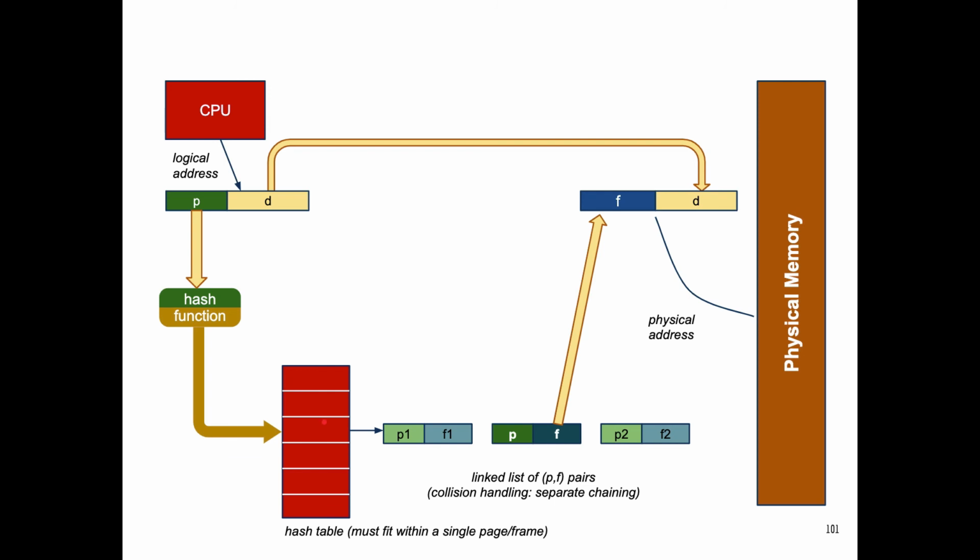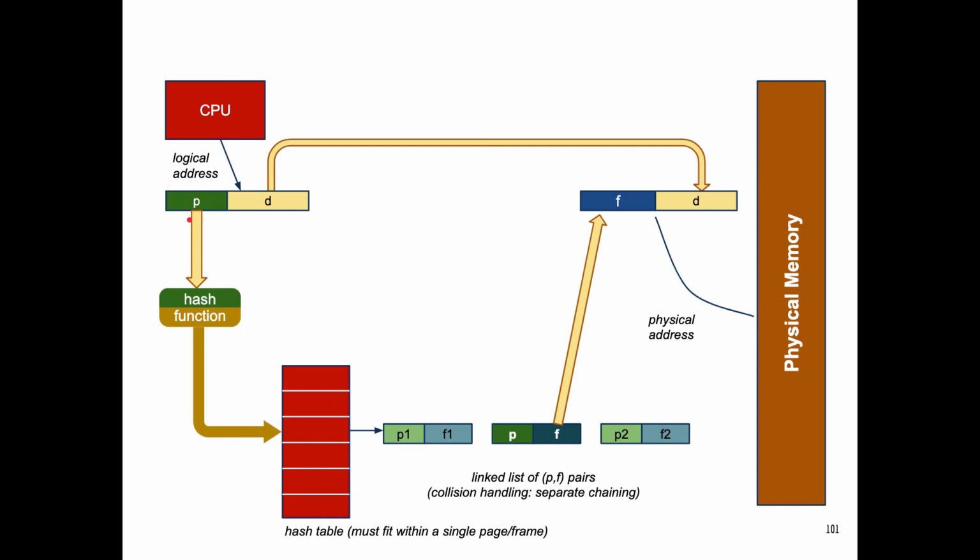The hash table essentially maps page numbers to frame numbers. Using a hash table, the MMU will perform the address translation using the same approach that you learned earlier. The incoming logical address, as a pair of page number and offset, will be used to do a lookup into the hash table.